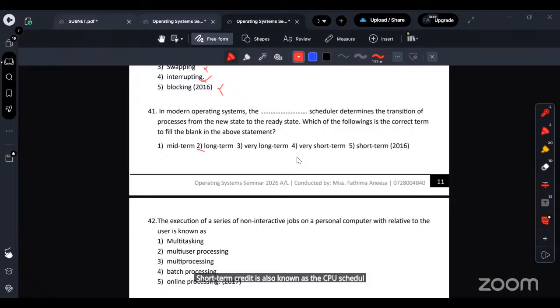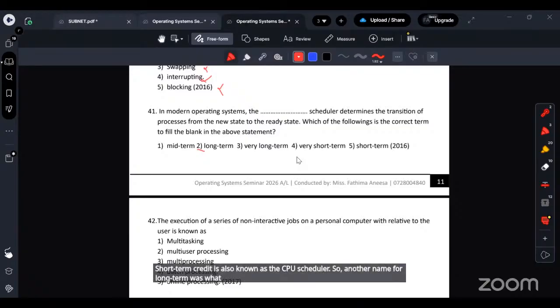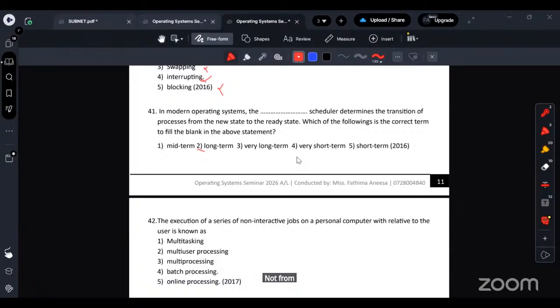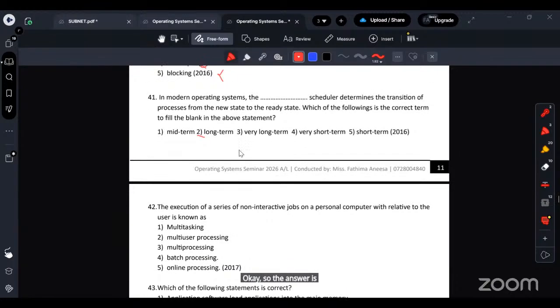So another name for long-term was what? Job scheduler. For short-term, it is known as CPU scheduler. It selects which process from the ready queue should be executed next. Not from new to ready, but from the ready queue only. Okay, so the answer is option 2. I hope that was also clear.